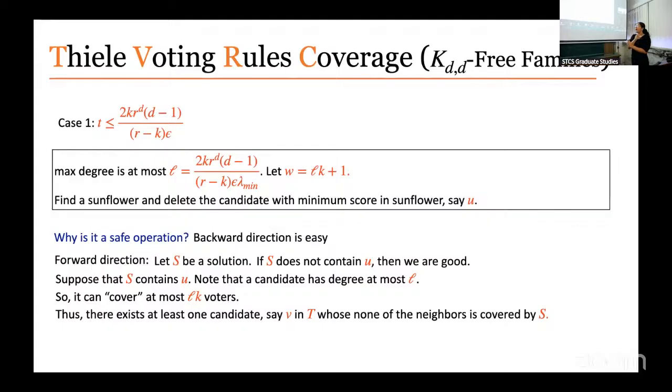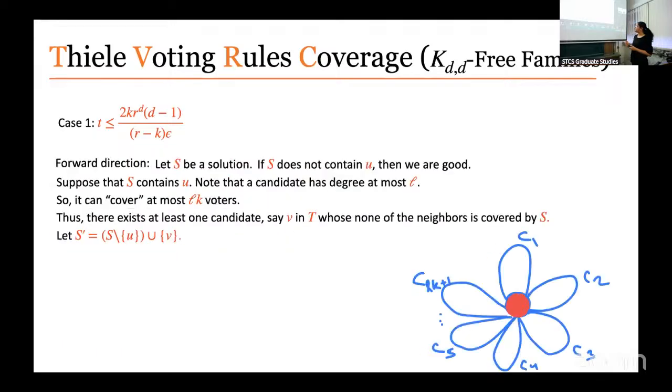So I can delete this U and add this V. V gives a score value at least as much as U, because U is the one with the least score value that we deleted.